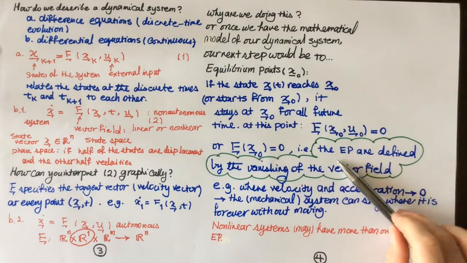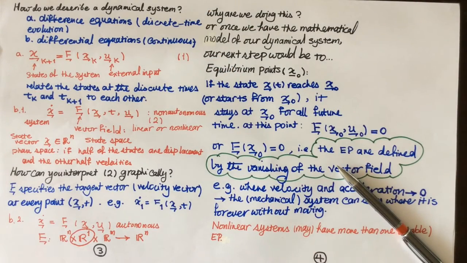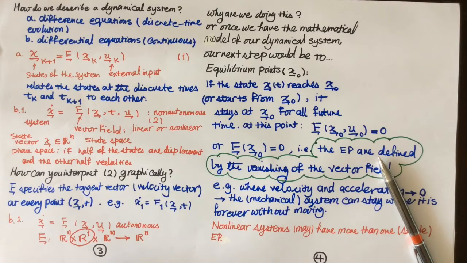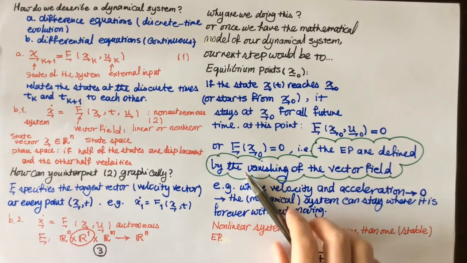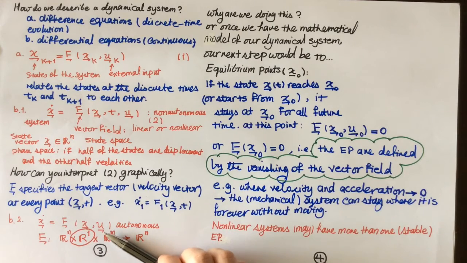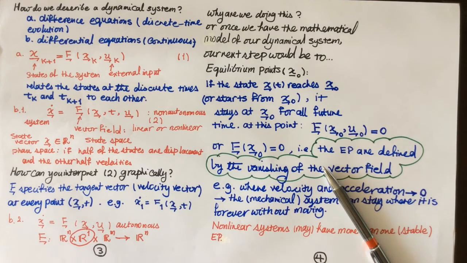This is a non-autonomous system. It is called non-autonomous because time appears explicitly on the right. So we have also cases like this case where x dot is f of x and u. x is the current state and u is our input vector. In this case, we don't have time explicitly on the right hand side. For example, if you go back to lecture 1, we had this spring mass system.